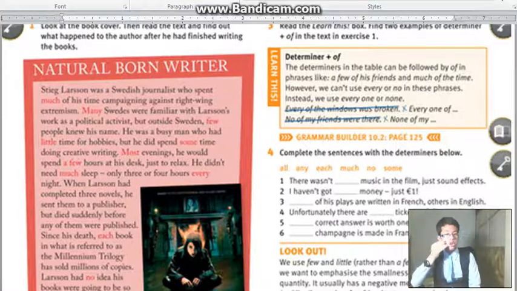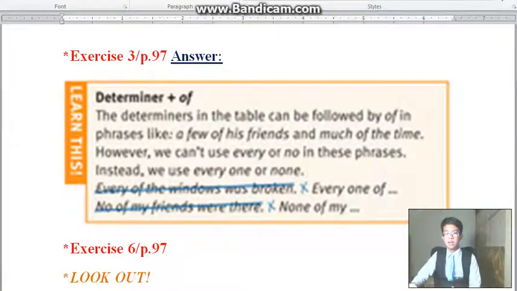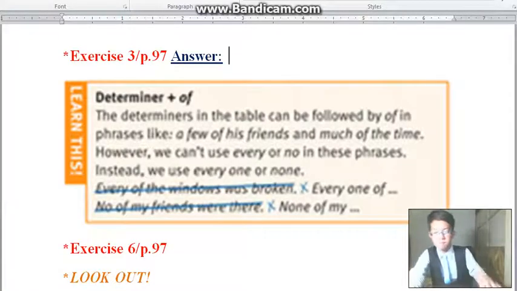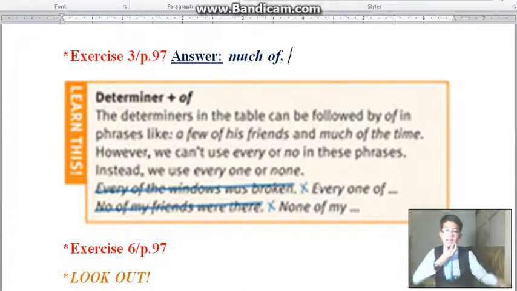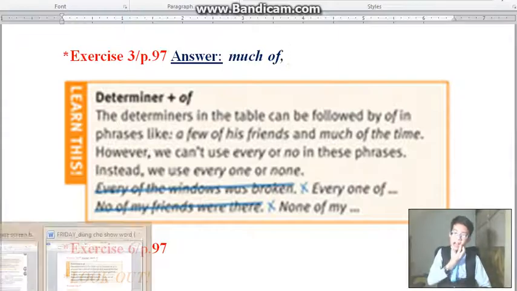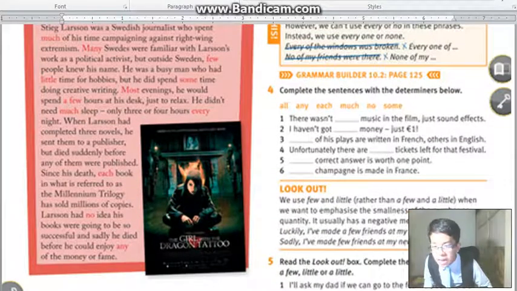Swedish journalist who spent much of his time. Who spent much of. Little, much, few, no idea.